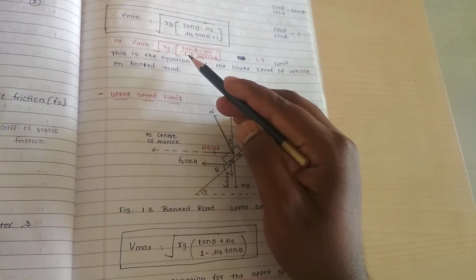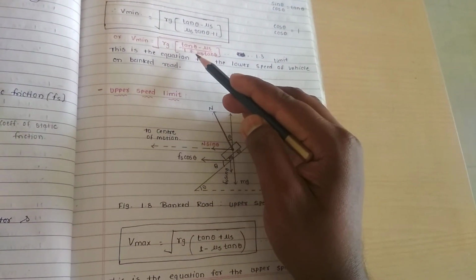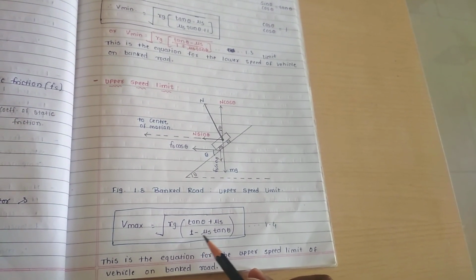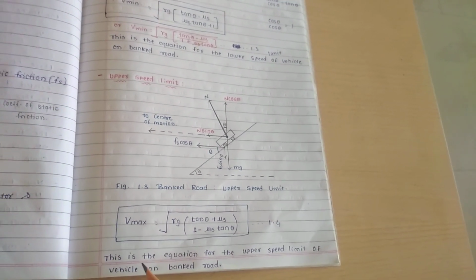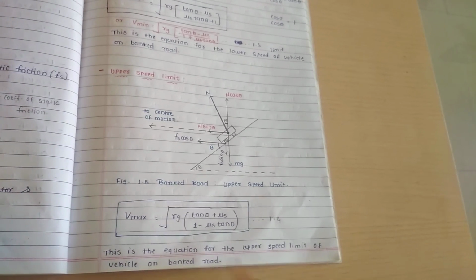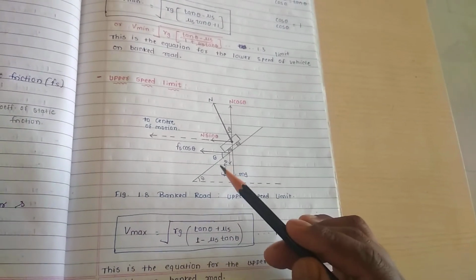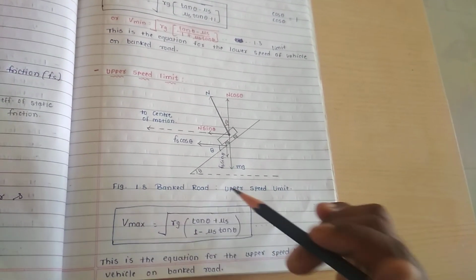In the lower speed limit it is minus mu s in the numerator and 1 plus mu s tan theta in the denominator, but in the upper speed limit it is plus mu s and 1 minus mu s tan theta. So this is the homework: derive the equation for the upper speed limit of the vehicle on a bank road.